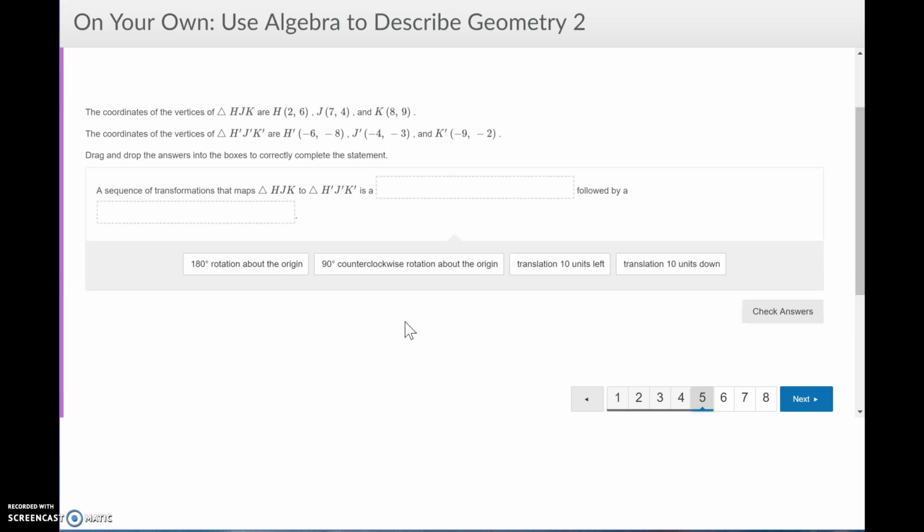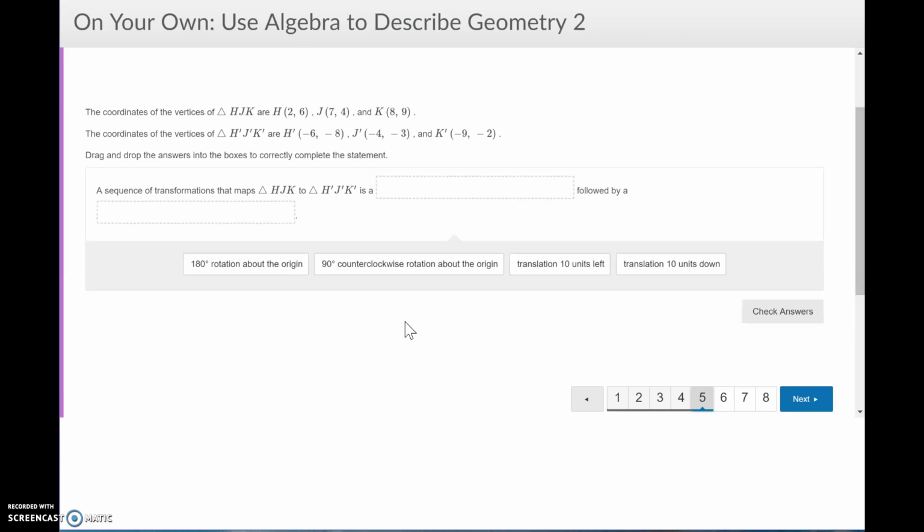Alright, the coordinates of the vertices of triangle HJK are H is 2, 6, J is 7, 4, K is 8, 9. We're going to transform it. The new coordinates are negative 6, negative 8 for H, for J, negative 4, negative 5, for K, negative 9, negative 2.